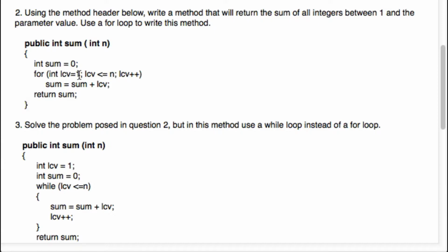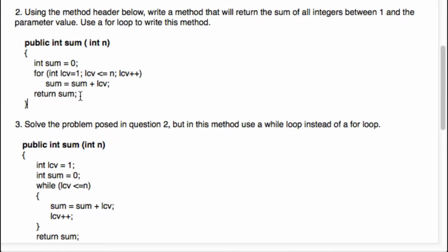It's your initialization, your stop condition, and how you're changing the loop variable every time through the loop. In this case, we're just incrementing by 1, but remember, you could increment it by any amount you want, or decrement it by any amount you want. In this case, sum equals sum plus LCV, right? We're adding up all those values, and then we return sum. Couldn't be simpler.